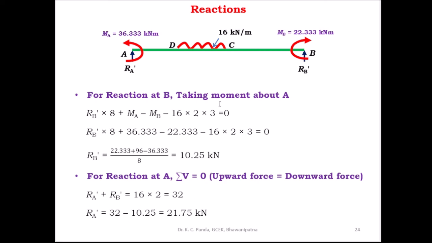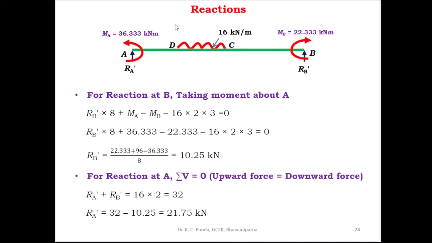After knowing RA dash and RB dash, you can find out the shear force at B, shear force at C, shear force at D, and shear force at A. So shear force at B is equal to minus RB dash, right side of the point force, minus 10.25 kilonewton, and this remains constant up to C. So at C also, the shear force FC is equal to minus 10.25.